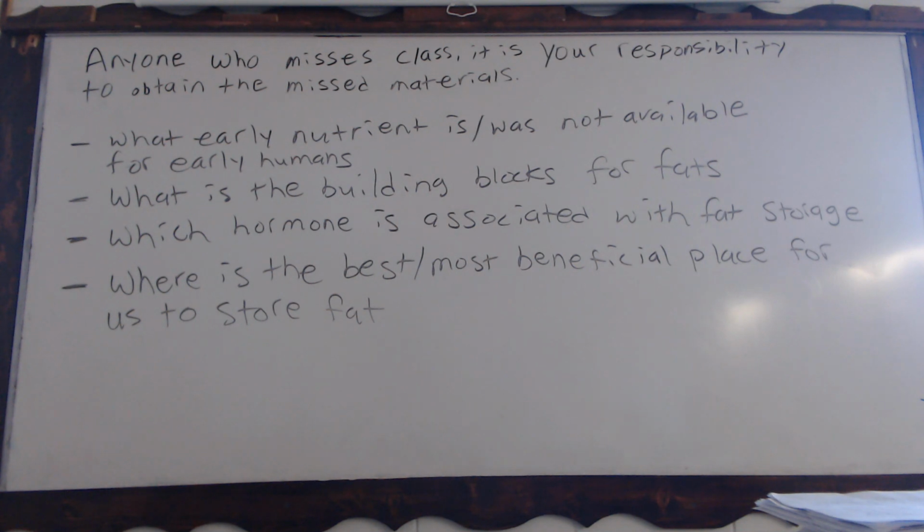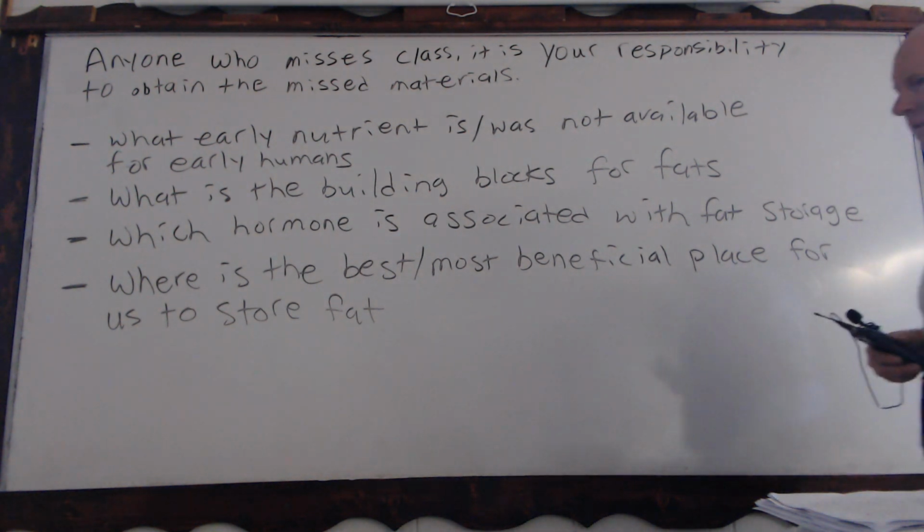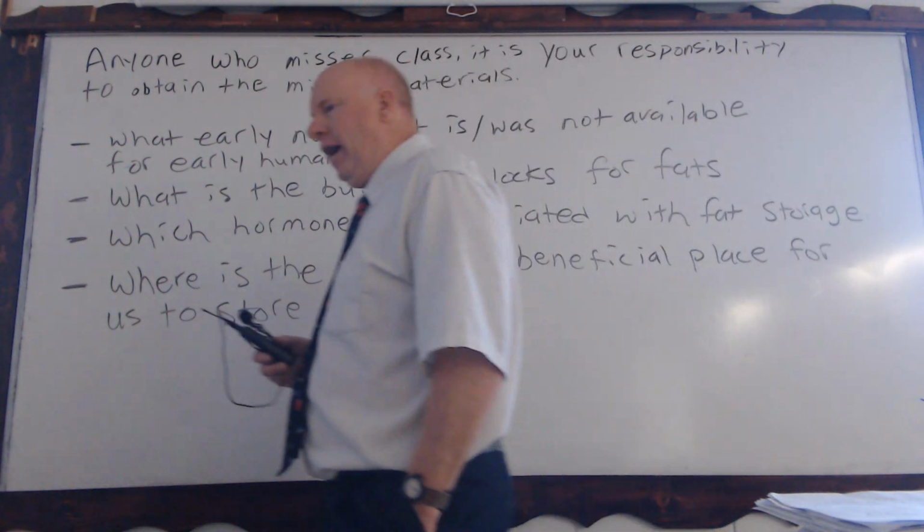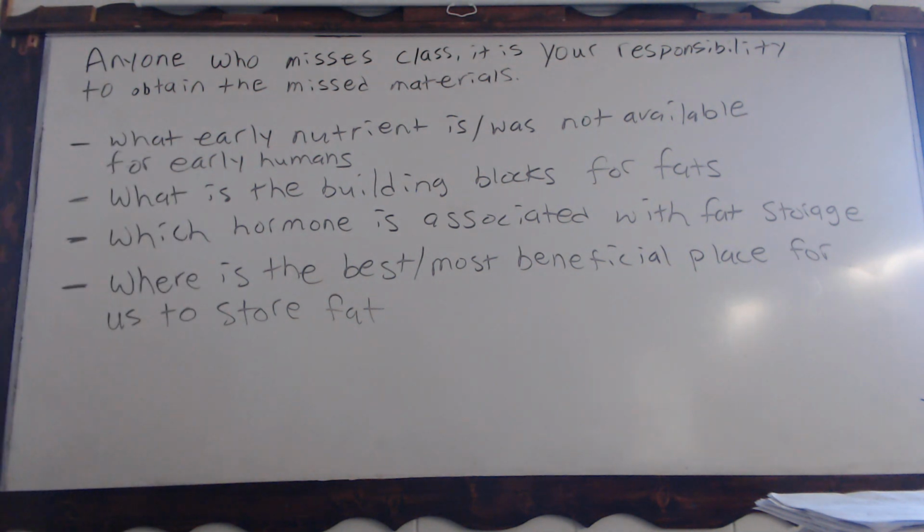Sugars make up carbohydrates. And what makes up nucleic acids? That's nucleotides. So again, lipids are the building blocks for fats, amino acids are the building blocks for proteins, sugars are the building blocks for carbohydrates, and nucleotides are the building blocks for nucleic acids.